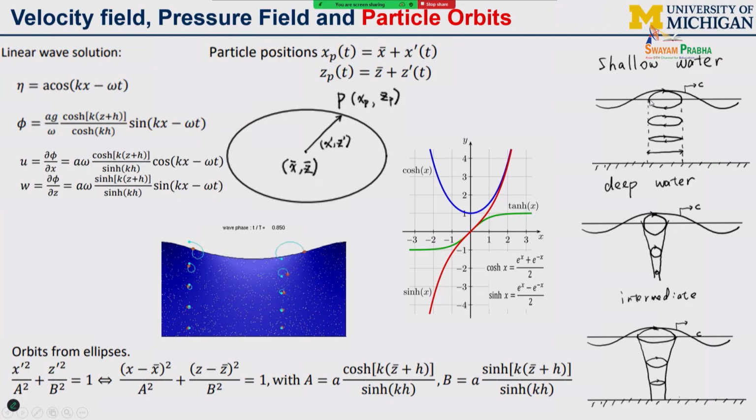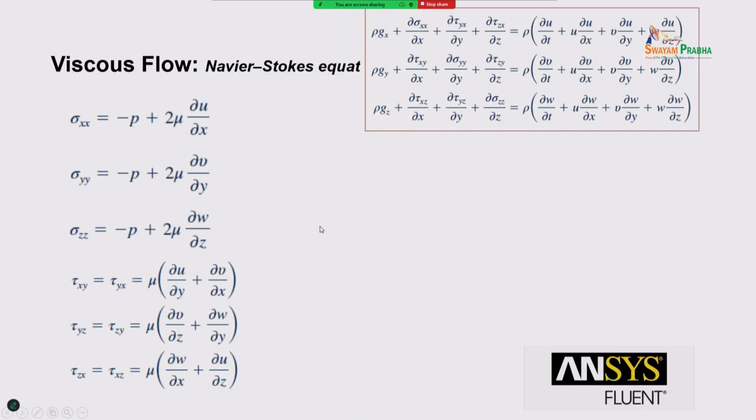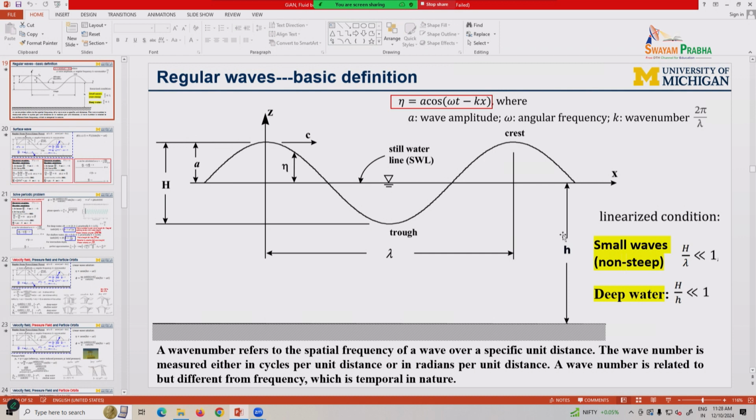So this is linear wave theory. If you follow this linear wave theory, there are approximations, right? For example, the wave amplitude compared with the water depth is small, right? And also the wave amplitude compared with the wavelength is small. So it is small wave theory at the beginning. Small wave means the wave amplitude is much smaller than the wavelength.